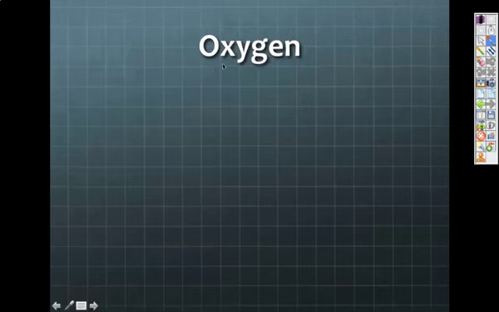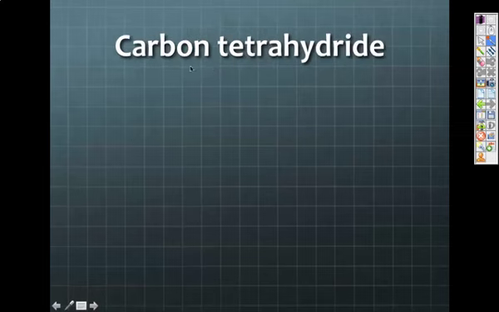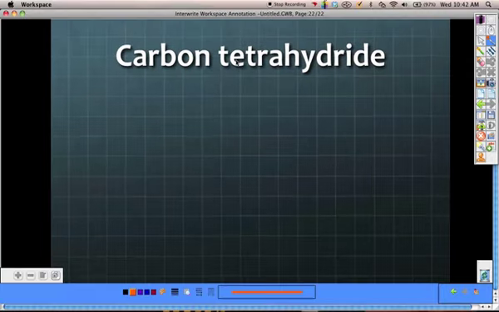Tetra represents what number? 4, absolutely. That's a common one too. How many valence electrons does carbon have?